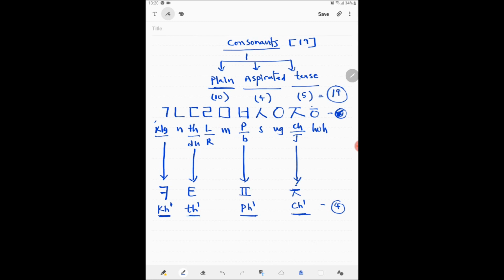Coming to tense consonants. Just like aspirated ones, there are also tense consonants, which are pronounced differently. As an exception, this particular plain consonant does not have an aspirated form, but it has a tense form. The tense version of this is something like this.